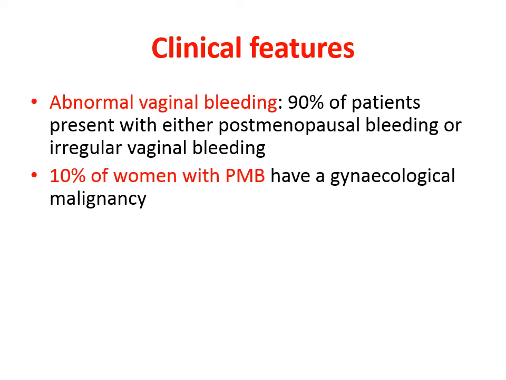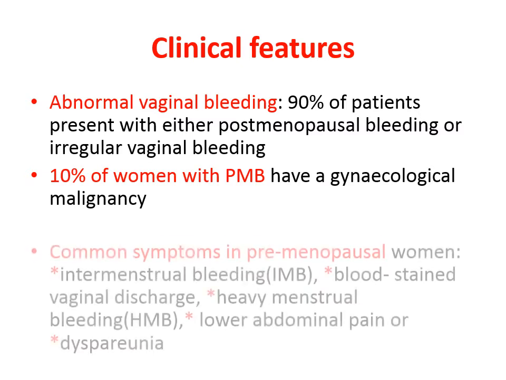It is important to remember that about 10% of women with postmenopausal bleeding have a gynecological malignancy. Therefore, postmenopausal bleeding is regarded as a significant symptom in any woman because of this higher incidence of malignancy in that age group.